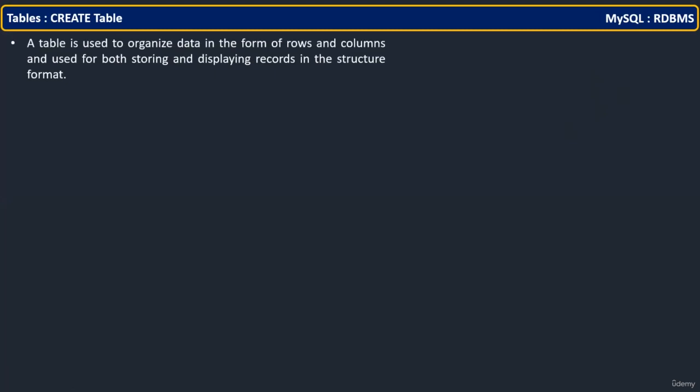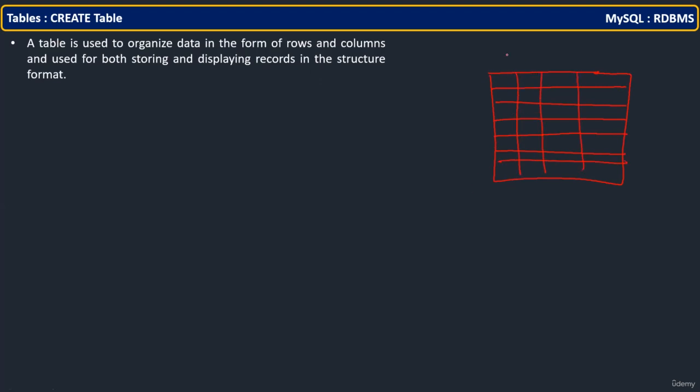Okay. So what is the meaning of the table? It is very simple. A table is used to organize the data in the form of rows and columns, and used for both storing and displaying the records in a structured format. You can see a table is like a spreadsheet. We are going to have a set of rows, and we are going to have columns.